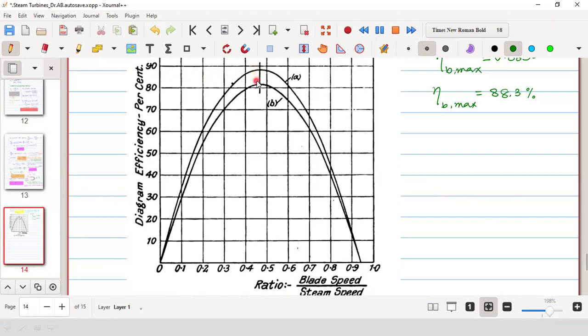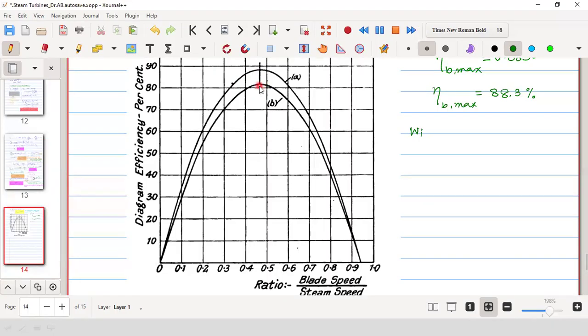Okay. And with a friction, if you consider a friction value, say K is equal to 0.84, and then you can calculate. With friction, it will be less, definitely. You see that with friction it is less.